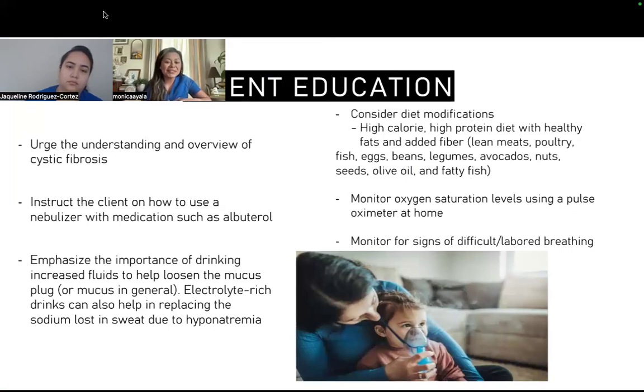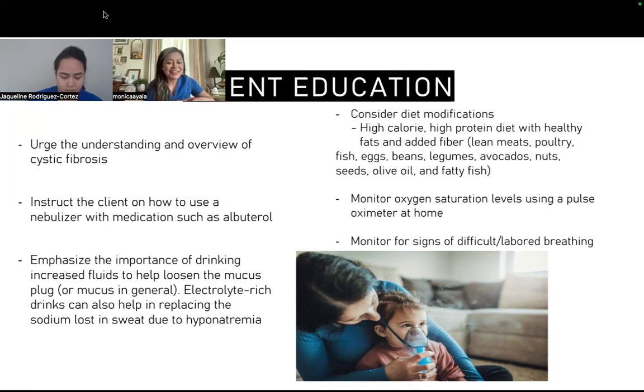You want to instruct the client on how to use a nebulizer with medication like albuterol. This could be done at home as well. You want to emphasize the importance of drinking increased fluids to help loosen the mucus plug, or just mucus in general, all the buildup in their lungs.